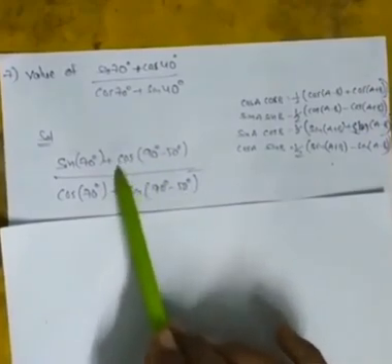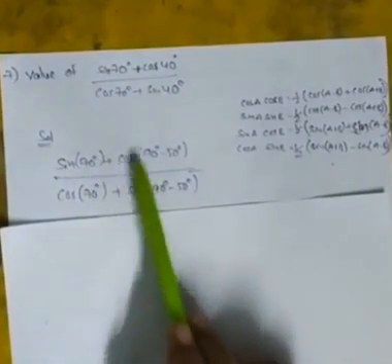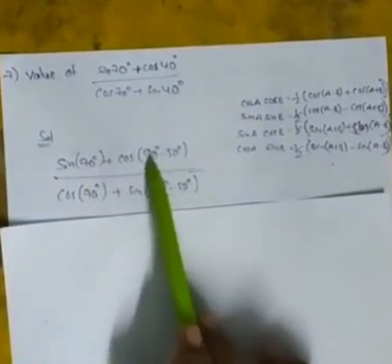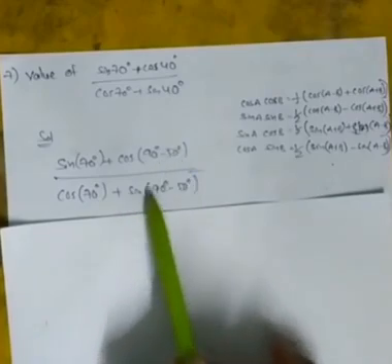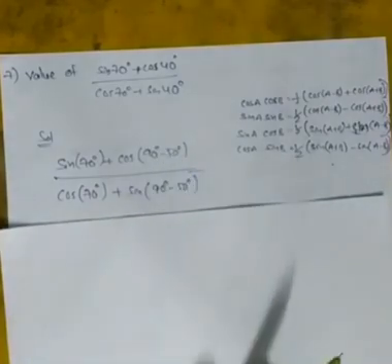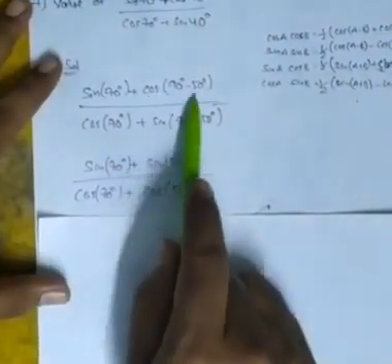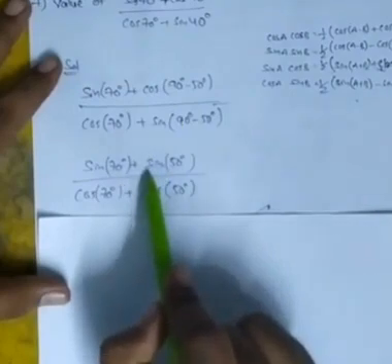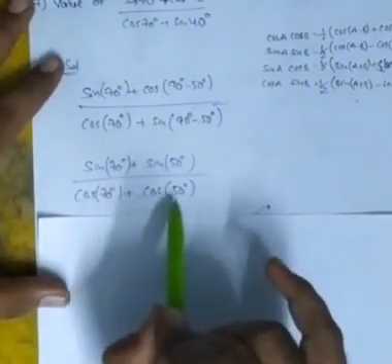The first term is left as it is. Here, cos of 90 minus something becomes sin, and sin of 90 minus something becomes cos. In the next step we write cos(90 − 50) as sin 50, and sin(90 − 50) as cos 50.